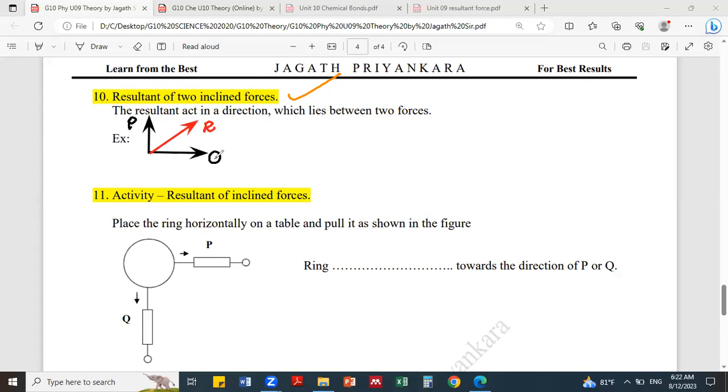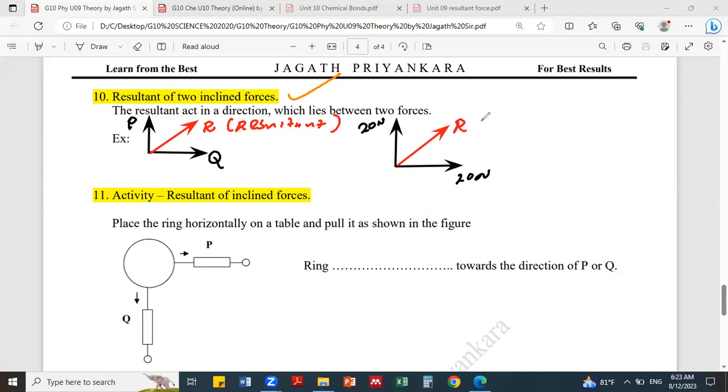If you mark the forces P and Q, R will be the resultant force. Or if you mark here 20 Newton and here 20 Newton, they will never ask you to calculate what is the value of R.